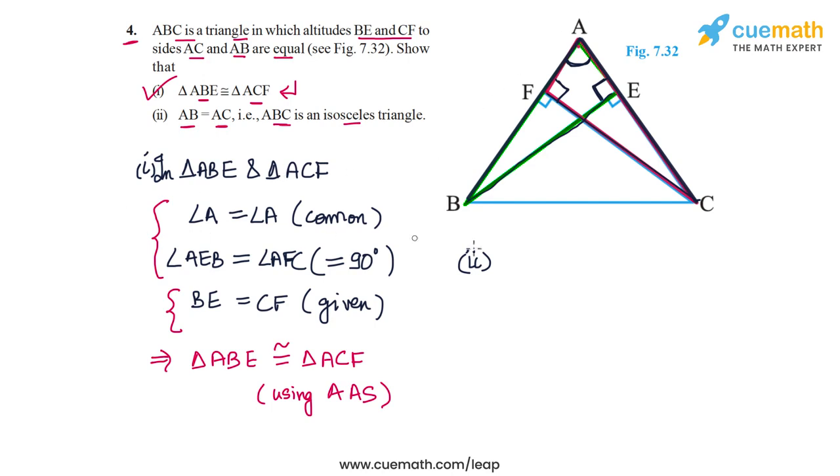So these two must be equal by CPCT. So AB must be equal to AC using CPCT, and this means that triangle ABC is isosceles. Triangle ABC is isosceles, and this is what we had to prove in part 2. So both parts are proven, and this completes question 4.